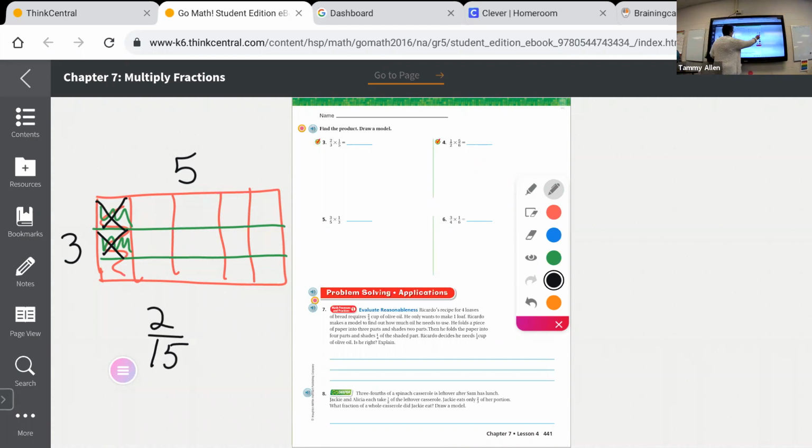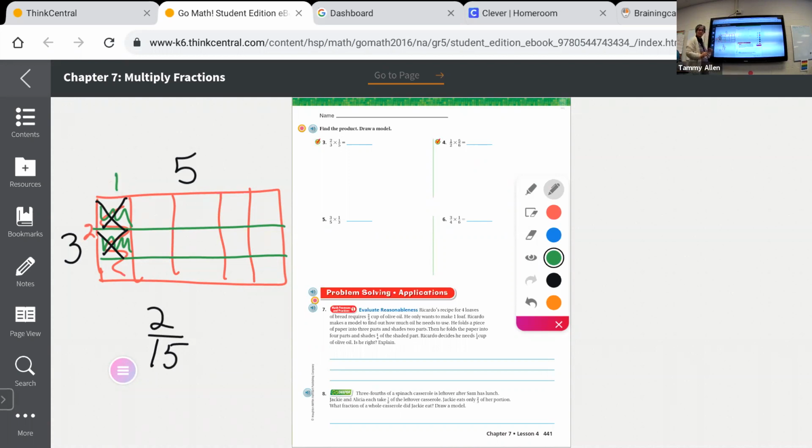Well, we had 2 this way, and 1 that way, right?